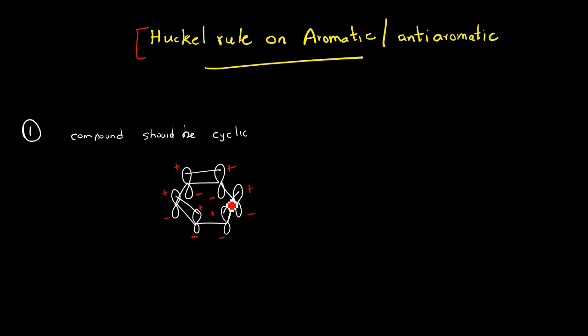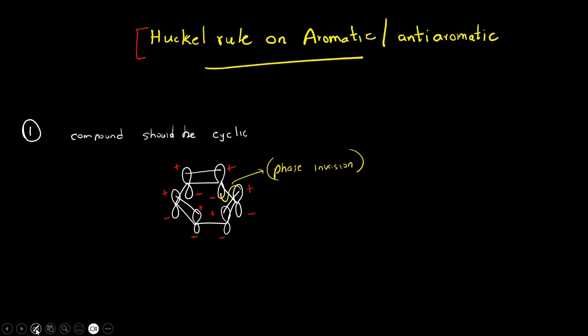If there's a particular bond, let's say like this, where this orbital is interacting with this orbital, this positive side is going to interact with this negative side. As you can see, the signs are opposite, so there is a phase inversion. That's called a phase inversion.